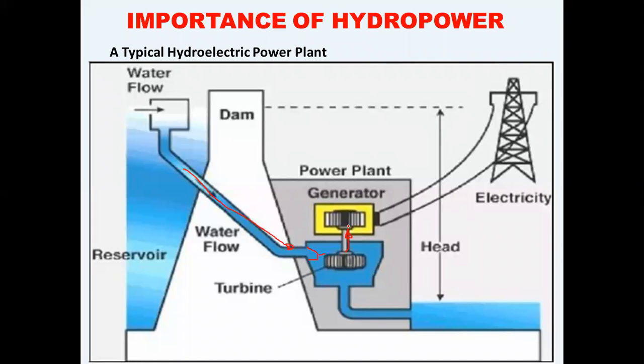So the kinetic energy of flowing water gets converted into mechanical energy of the rotating turbine. And this mechanical energy of the rotating turbine gets converted with the help of the generator into electrical energy. Okay, and we have electricity generation.